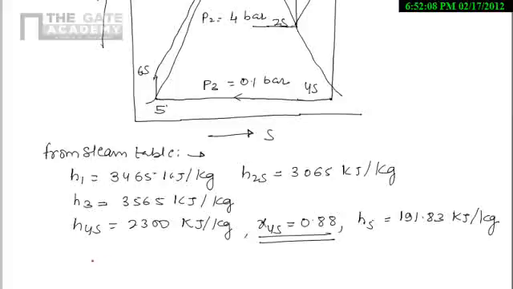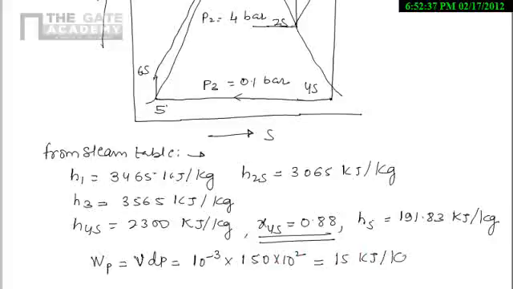So now let's talk about pump work, that is nothing but VΔP. So here we are having the value of V, that is 10 to the power minus 3, and we are having the delta P, that is 150 into 10 to the power 2. So now we are having 15 kilojoule per kg.